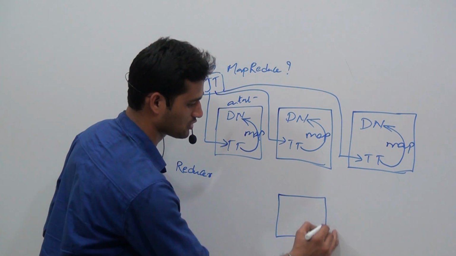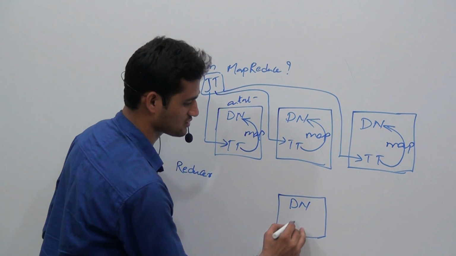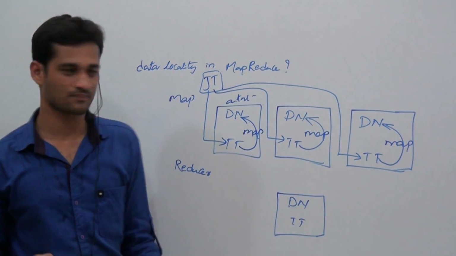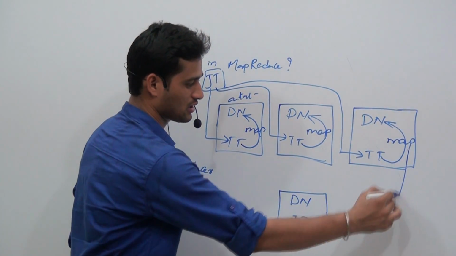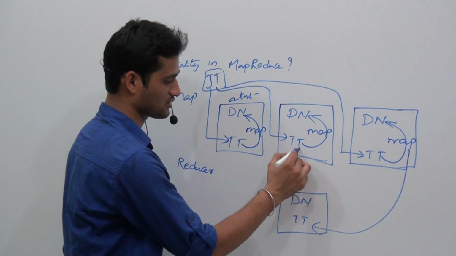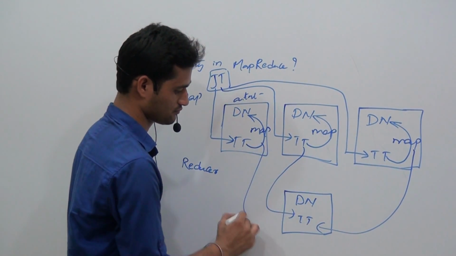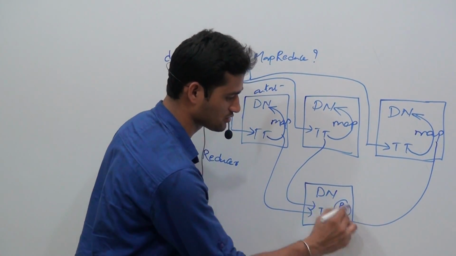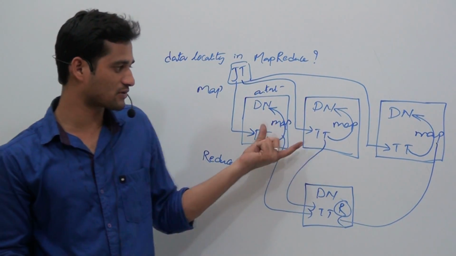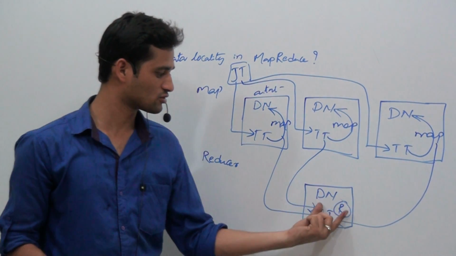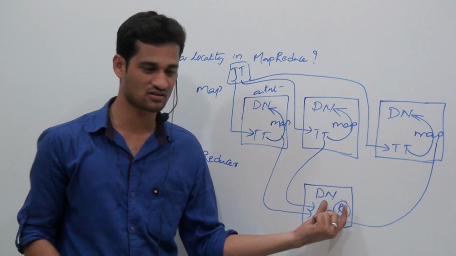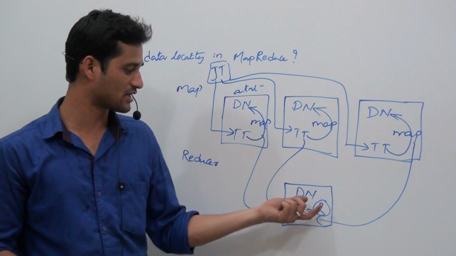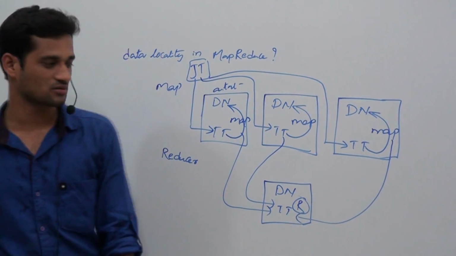The reducer pulls data from different mappers, and it combines all your mapper outputs in this data node. So the reducer's task is to pull data from different mappers and store it in its local file system, process that data, and finally keep the output in that local file system itself.